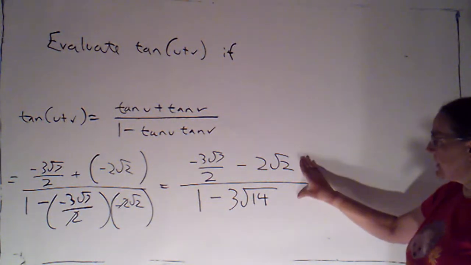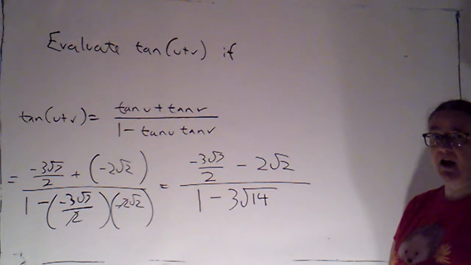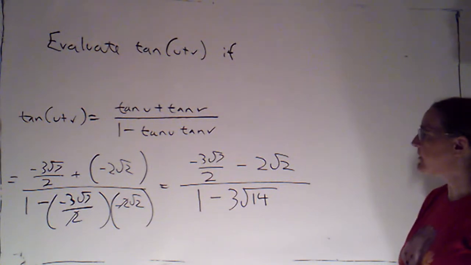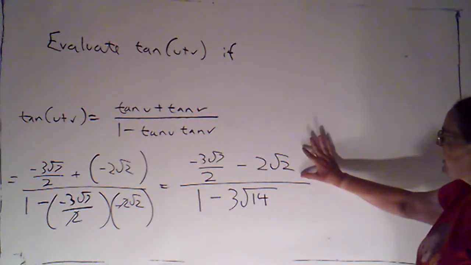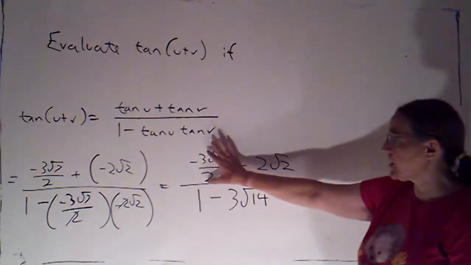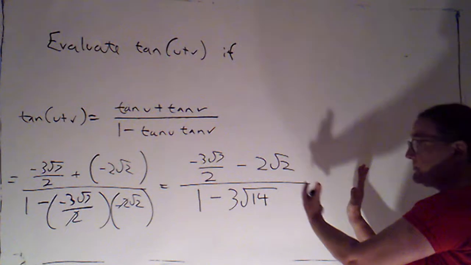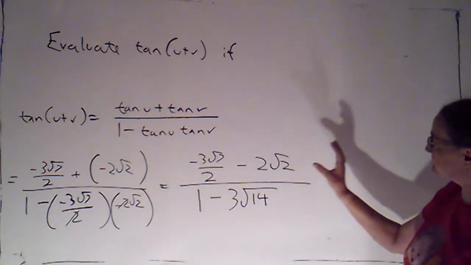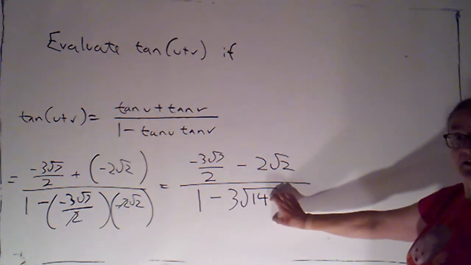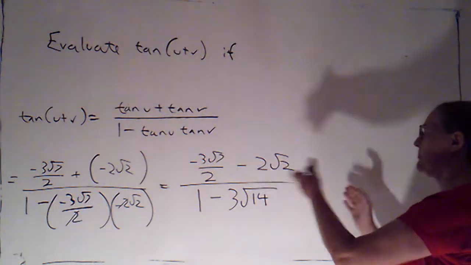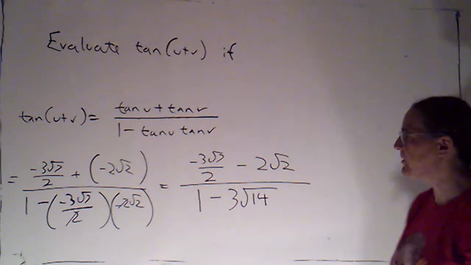So I think what I'm going to do is deal with the complex fraction first. Now there are a couple of ways that I could do that. One is I could create a common denominator on the top and do that subtraction, and then I just have a fraction divided by this, and I could rewrite this as multiplying by the reciprocal.